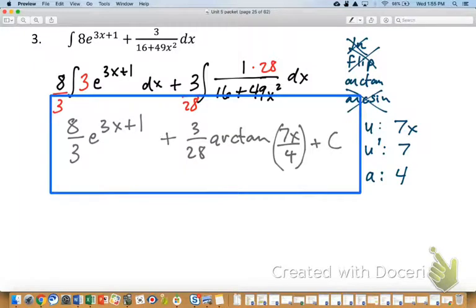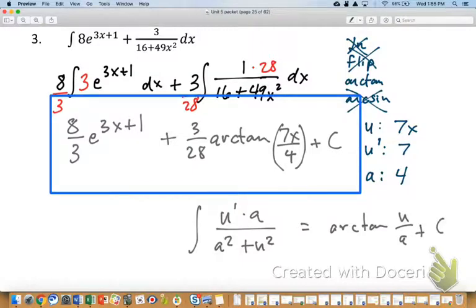So it comes down to form. In order for it to be arctan, the numerator has to be u prime times a over a squared plus u squared. This is equal to arctan of u over a plus c. So for this to be arctan, the u has to be 7x, which forces the u prime to be 7. And 16 is just 4 squared.